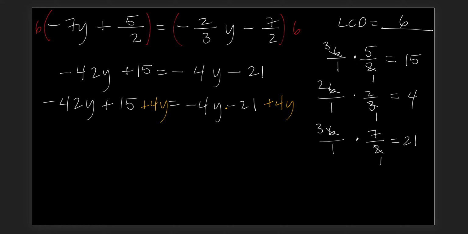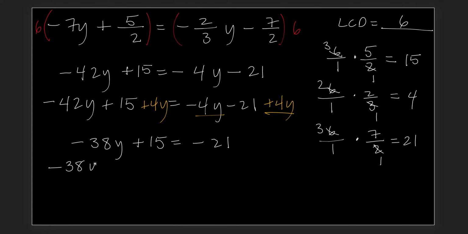So negative 4y plus 4y makes these kind of cancel out, go away, is 0. So what we would have on the left side is negative 42y plus 4y is a negative 38y, and then plus the 15 equals negative 21. Now I need to move the 15 over to this side so it can combine with its like term.